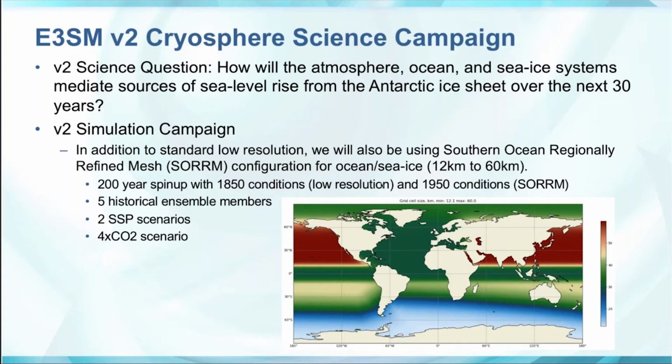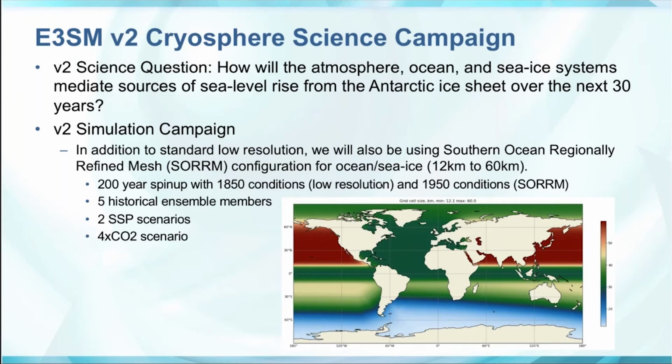Our V2 science question is how will the atmosphere, ocean, and sea ice systems mediate sources of sea level rise from the Antarctic ice sheet over the next 30 years? For our V2 simulation campaign, in addition to the standard low resolution configuration, we're also making use of the variable resolution capability of E3SM and have developed a Southern Ocean regional refined mesh for the ocean and sea ice components.